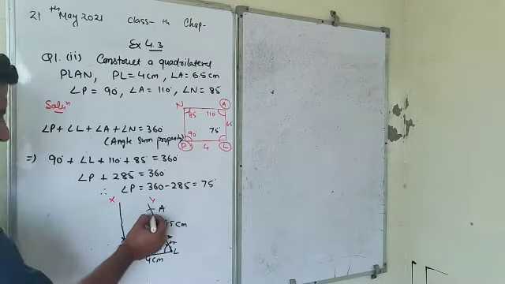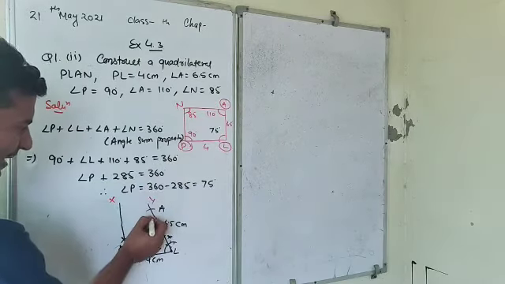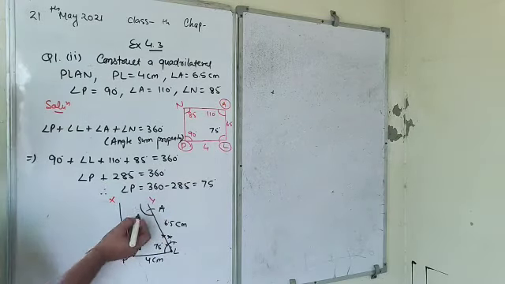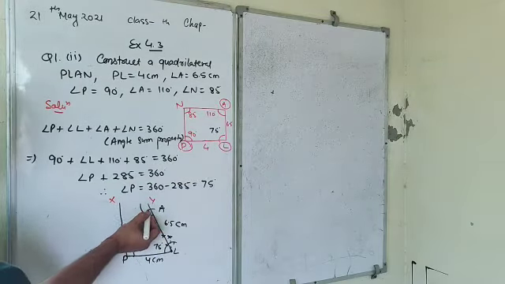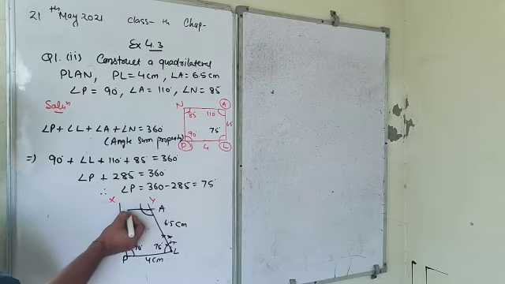At the A, draw an angle of 110 using the protractor. It will be drawn using the protractor. So it will be around 110 along this way.